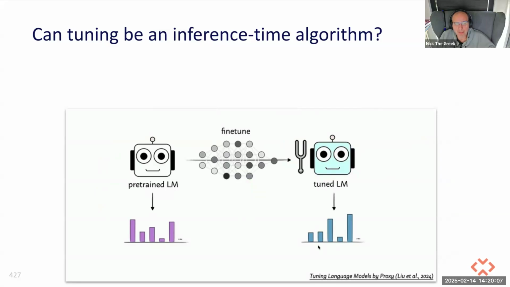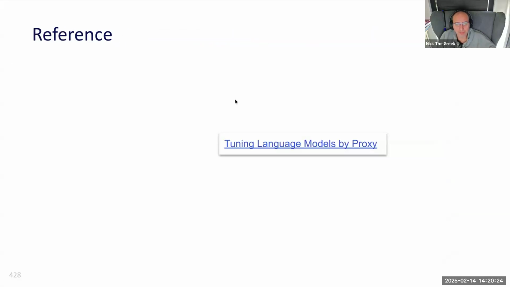So here's an interesting technique, and I think the paper spends more time on that, which they call tuning language models by proxy. So you have a pre-trained language model, like a generic one, and then you have it fine-tuned.